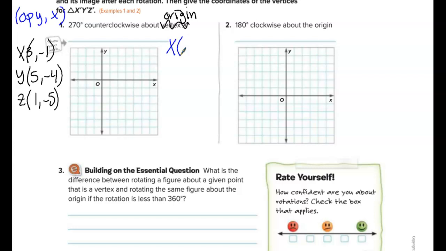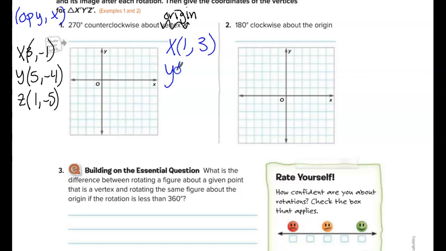Well, what is the y for x? For x. That's the y for y. So -1, so what would be the opposite of that? +1, comma, what's the original x? 3, so that should be your point.